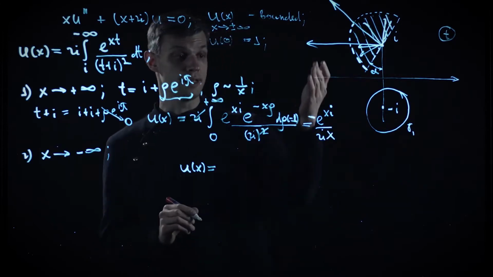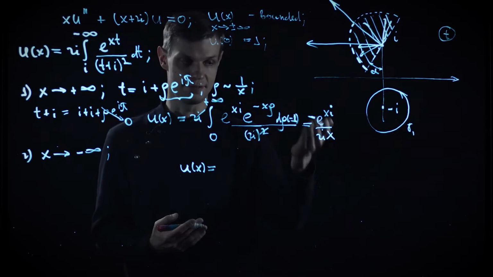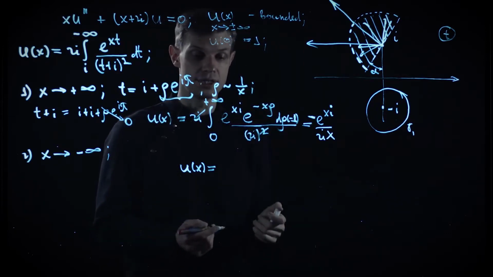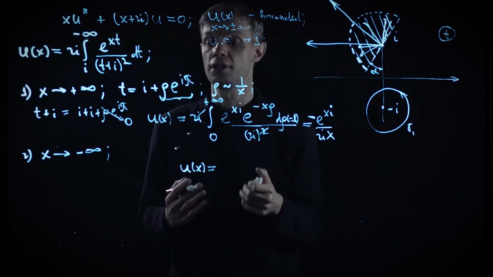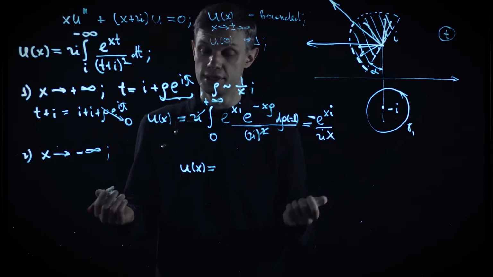Keep in mind that indeed we recovered the bounded function for x tending to plus and minus infinity, and it's normalized by this normalization condition. So we actually extracted the most information about our solution which was possible at all to extract.